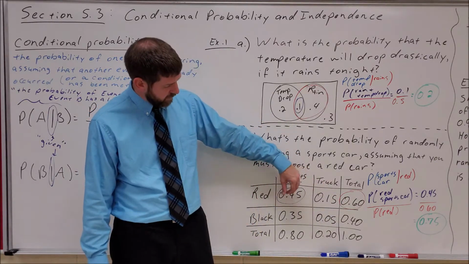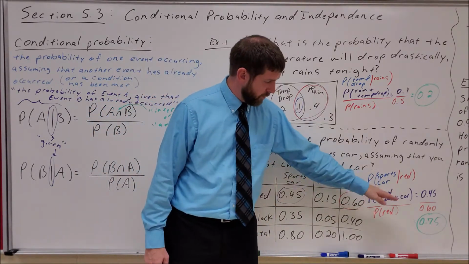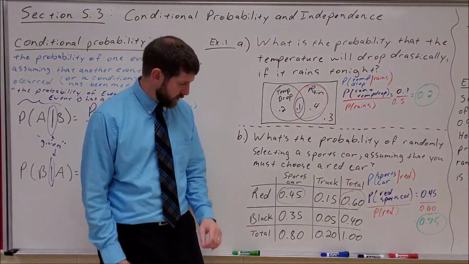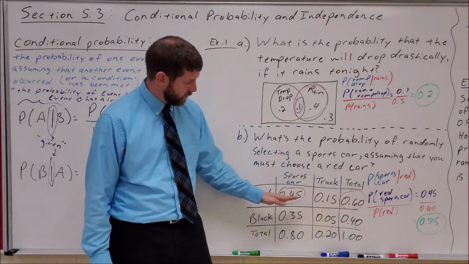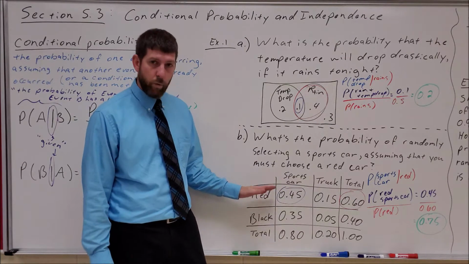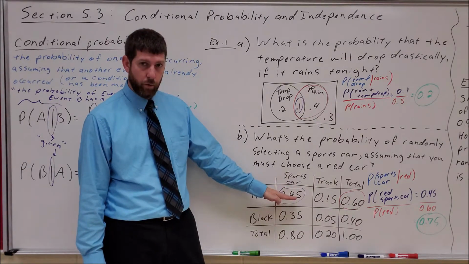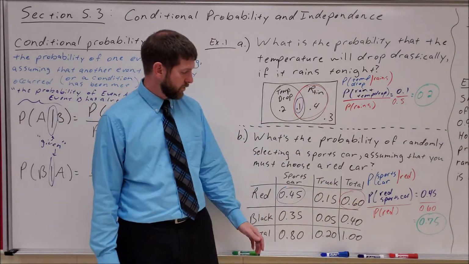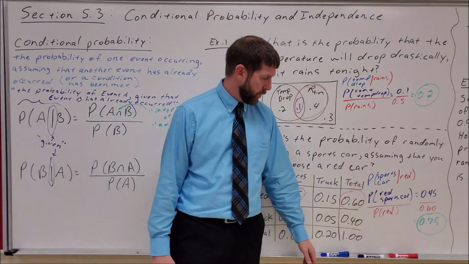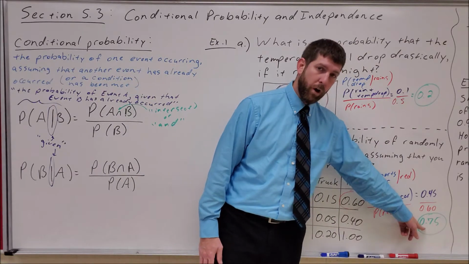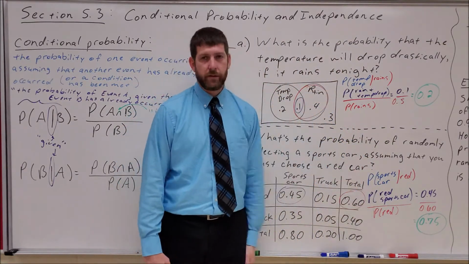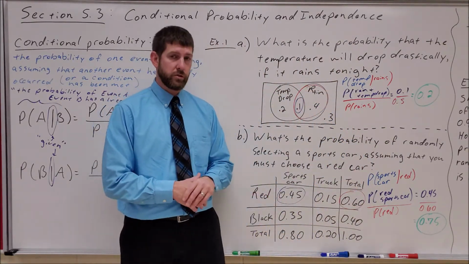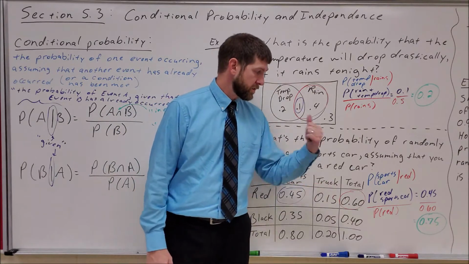So I can look at it from a formula standpoint, or I can think of it intuitively. If I only want red cars, what's the probability of getting a sports car? So it's this group out of that total, so 0.45 out of 0.60. If we're only looking at red cars, there's a 75% chance that we're going to select a sports car in that group.